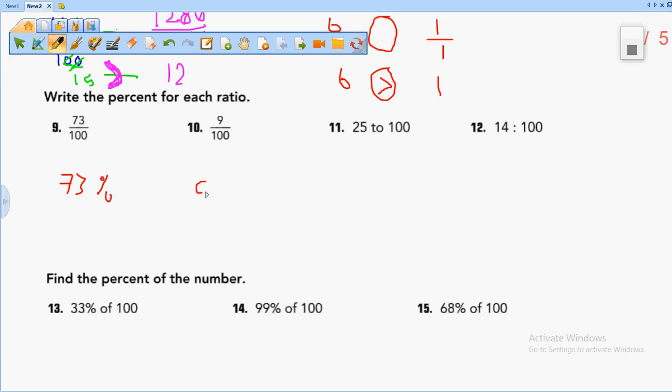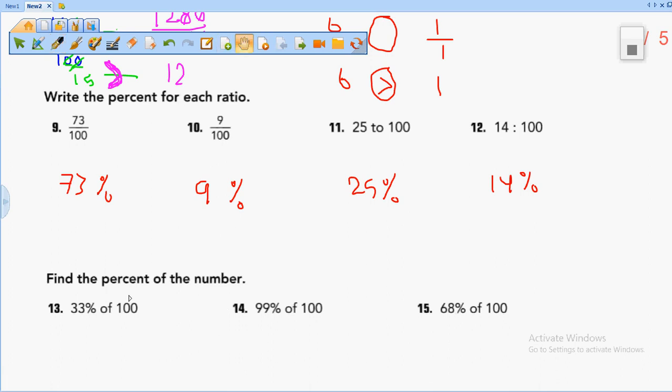It's the same, 9% or 9 every 100. 25 every 100. 14 to 100, it's the same. 14 every 100. That means percent.